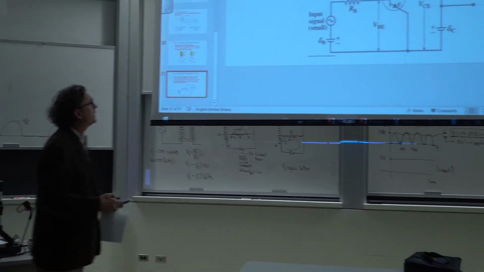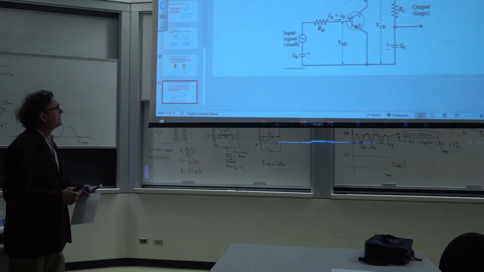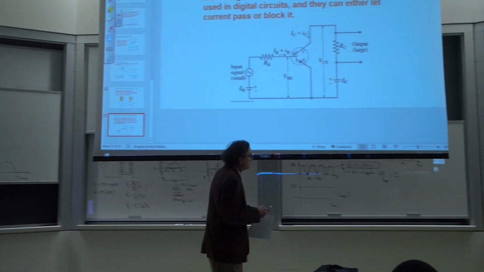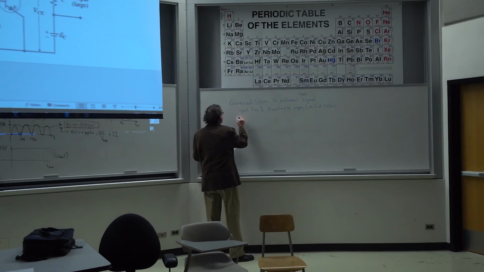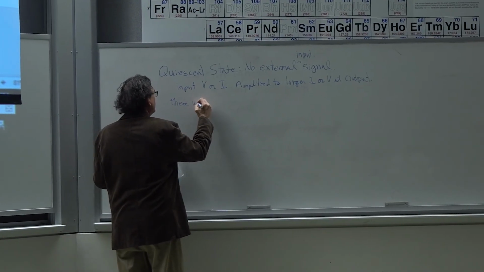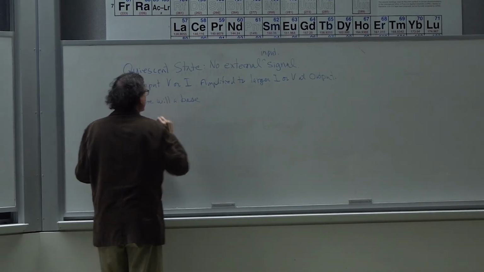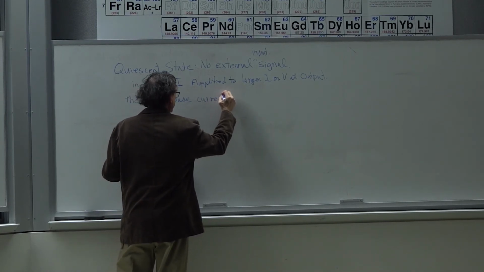Okay. So this is the scenario that we have. First of all, we're in the quiescent state. In the quiescent state, no external input signal, there will be a base current, and we'll discuss this in a second. There will be a base current, and there will be a collector current.